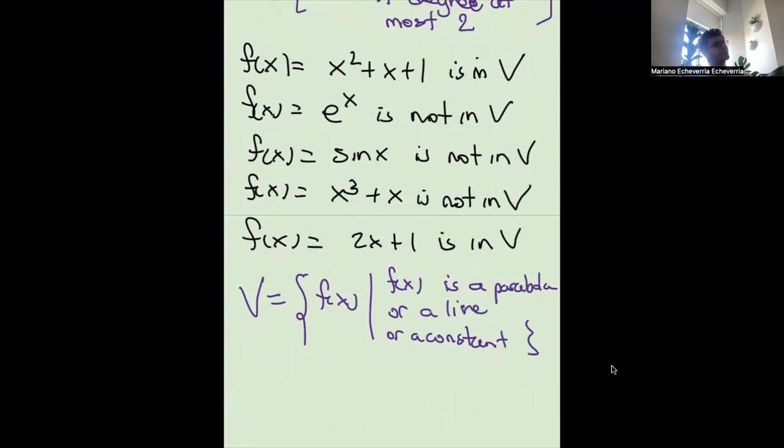Because a parabola is something of degree 2, if you remember, a line is degree 1, y equals f of x equals mx plus b, and a constant is like a straight line, so there's no x there.